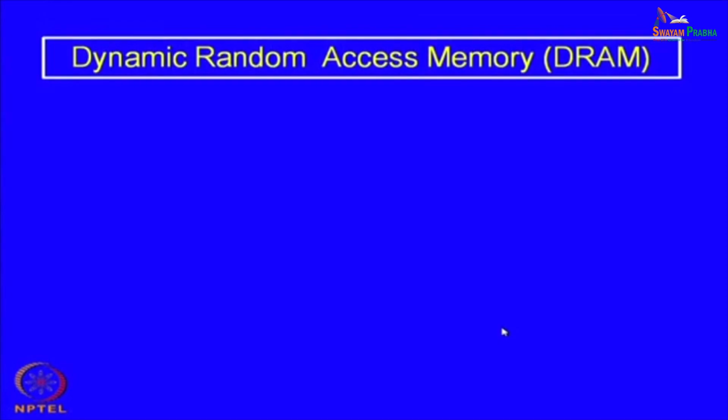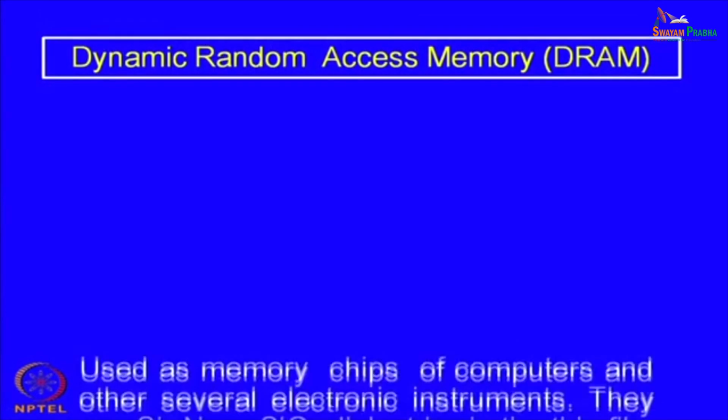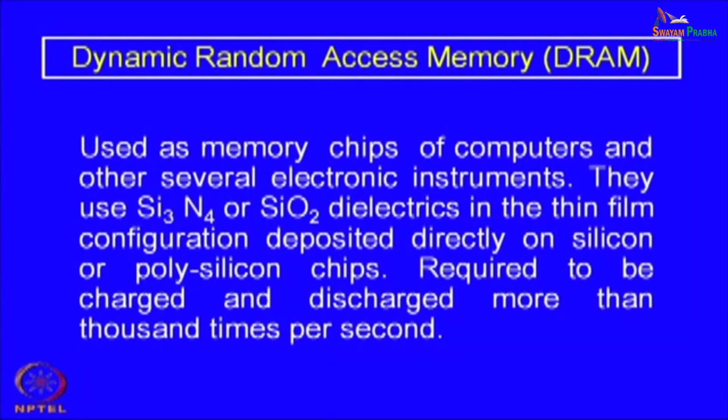And the last one, another very important application, particularly of barium titanate based linear dielectrics, is as memory chips, that is dynamic random access memory or DRAM, which is quite common in computer technology. These are computer memory chips and used in several electronic instruments.